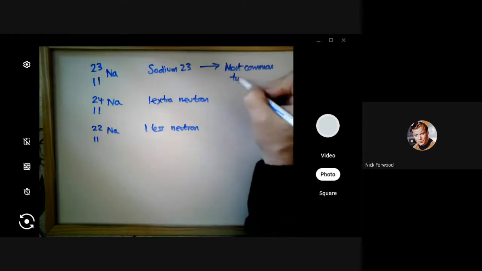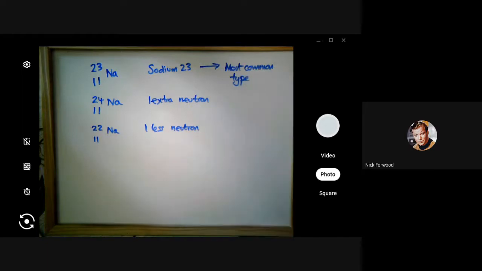And probably about 99% of all sodium that exists is this type of sodium called sodium 23, and there's a little bit of this different type of sodium, sodium 24, which has an extra neutron, and there's another type of sodium that's got one less neutron, sodium 22.